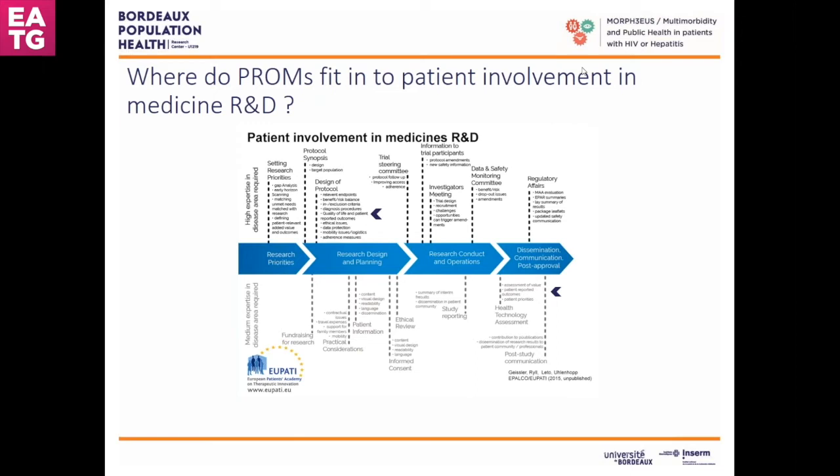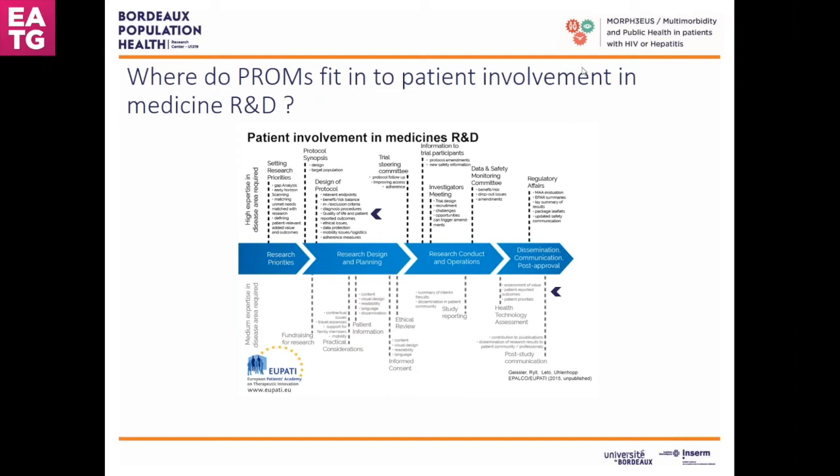Now, this is a really interesting slide because it goes from the research priority setting, which I'm sure the EATG is very familiar with, but also to the study design and planning, the research conduct and operations, and then the dissemination of post-approvals. Now, the two little purple arrows on the screen refer to the moments in time where the PROMs become relevant.